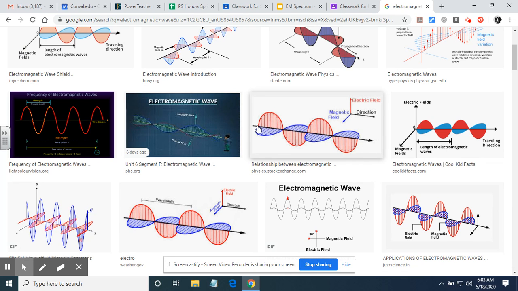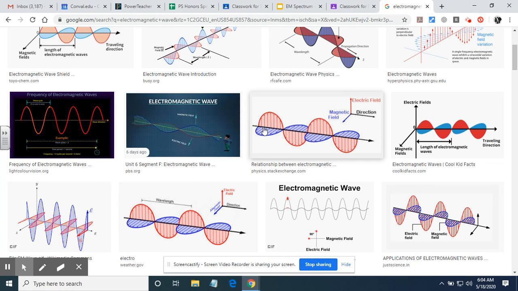If you look at this picture, the electric field is moving up and down in this plane, and then perpendicular to that, in the other plane of physical space, you have the magnetic field. But the point is, you don't need particles for this to happen.